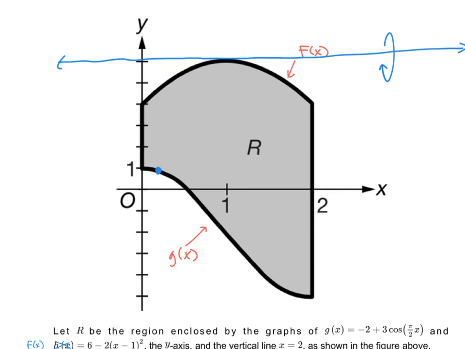So this is one of those radii. And keep in mind, this distance from here to here is g of x, right? This whole distance is 6. So the radius that we want, which we'll call big R, is really 6 minus g of x. And similarly, the inner radius is 6 minus f of x.